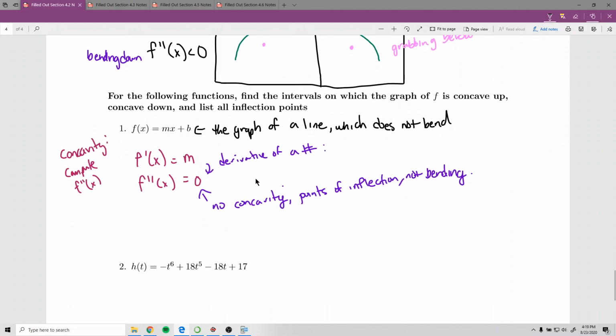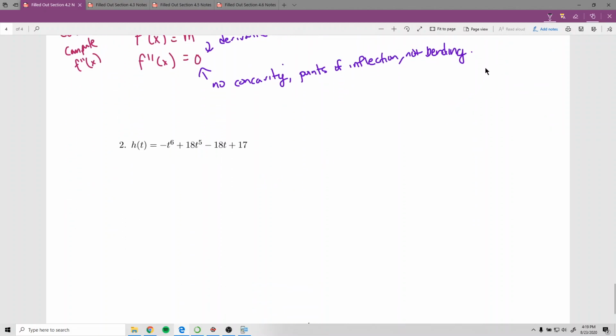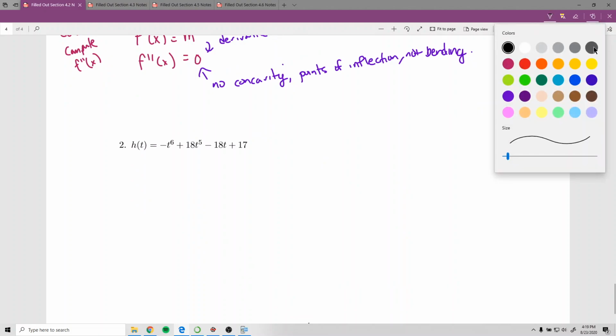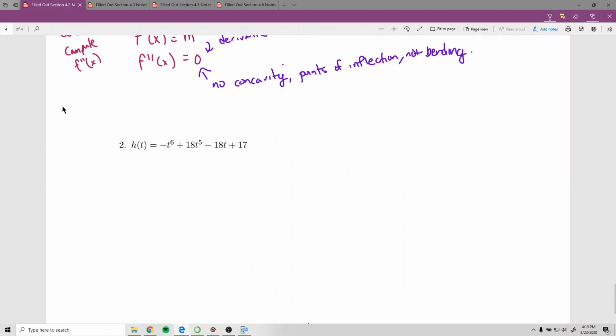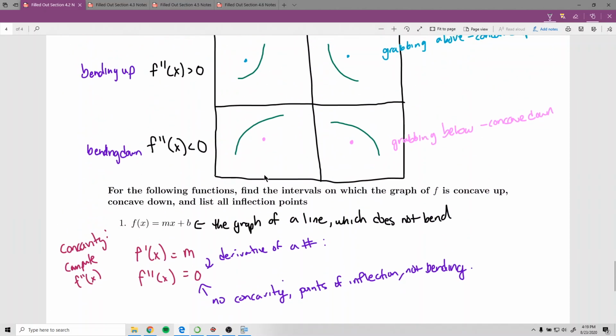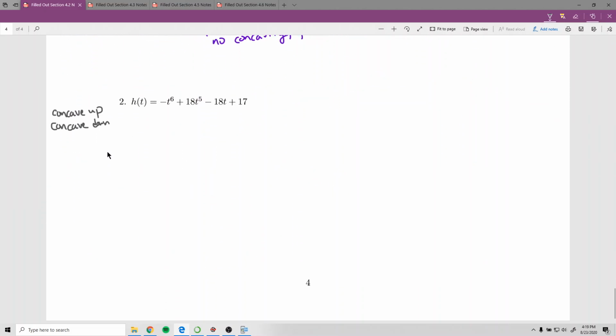All right, the second one will be more like the previous one we did. We'll have to do some work here. So we want concave up, concave down, and what does it say about the points of inflection? List them all. Okay, so it probably wants an xy pair.